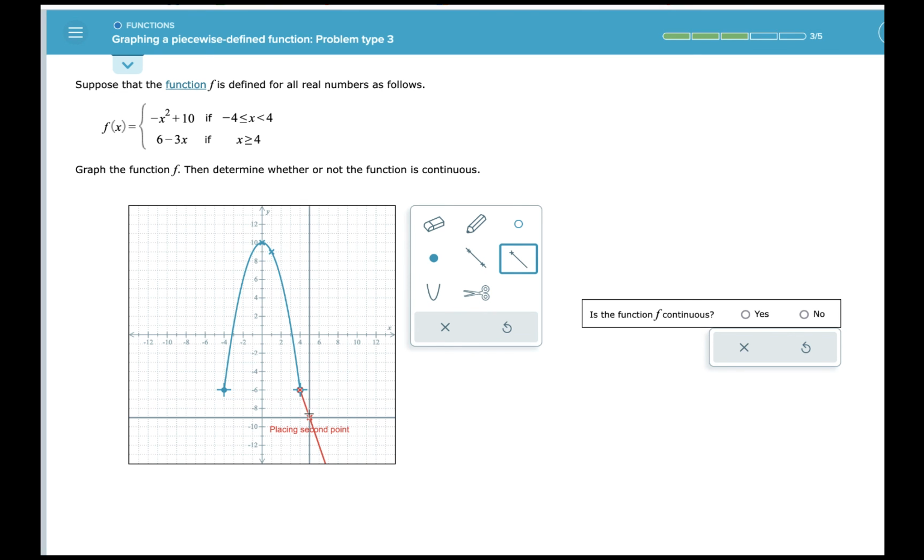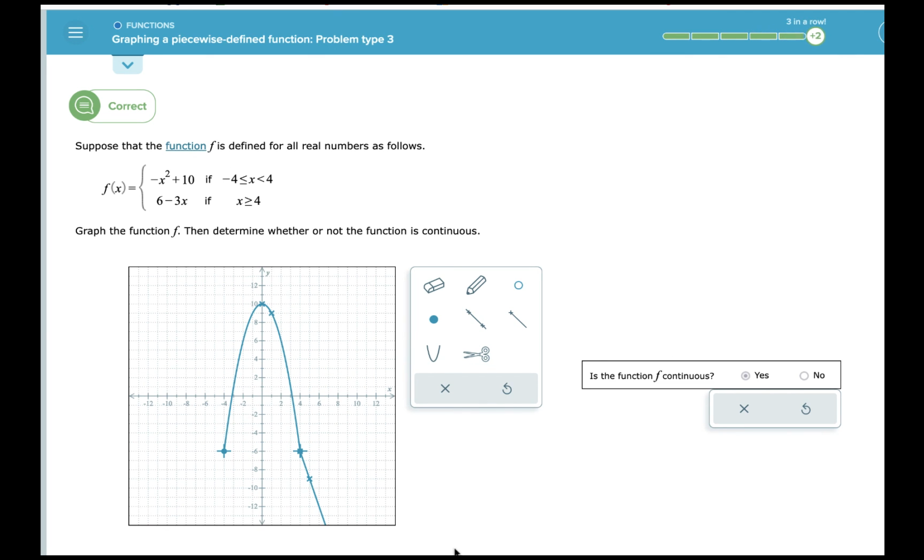Negative 9 is there. 5 is there. And I have a closed point or a solid point there, so I'm going to plug that in with a solid point. In this case, I can graph it from left to right without lifting my pencil, and so yes, it is continuous. And so hopefully that is helpful to you.